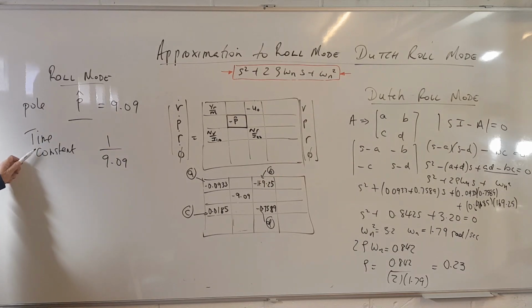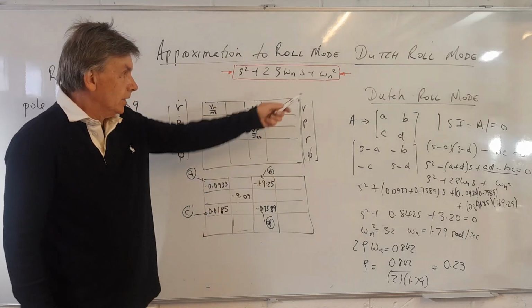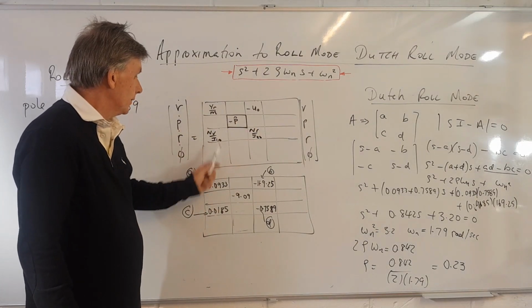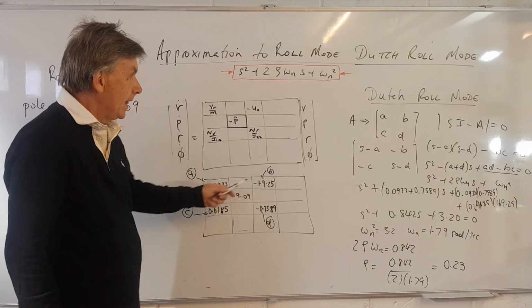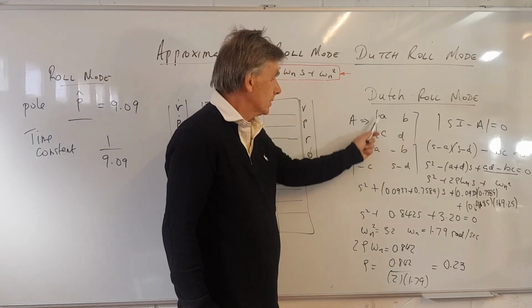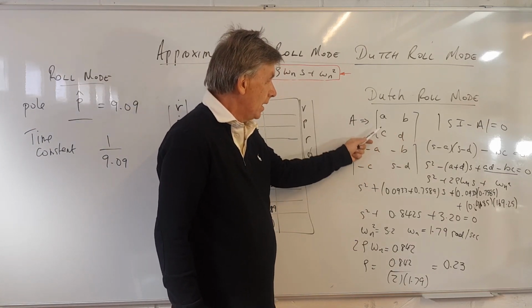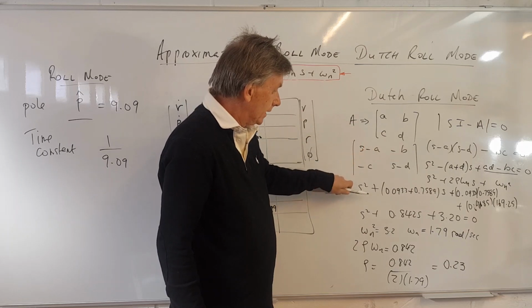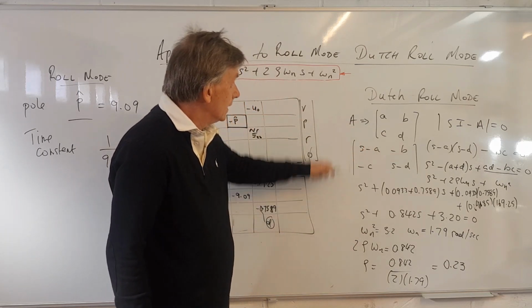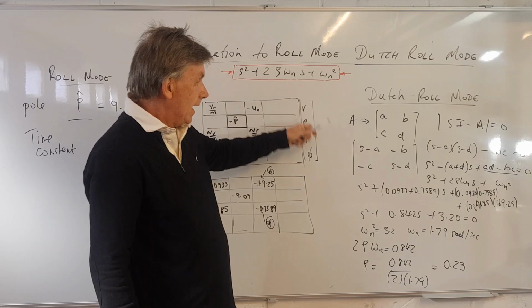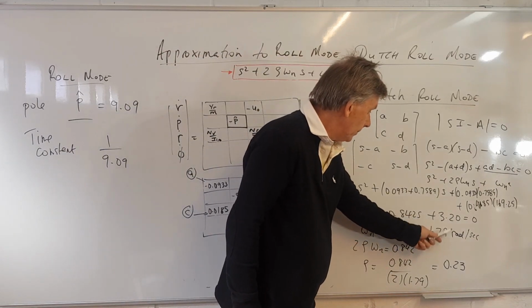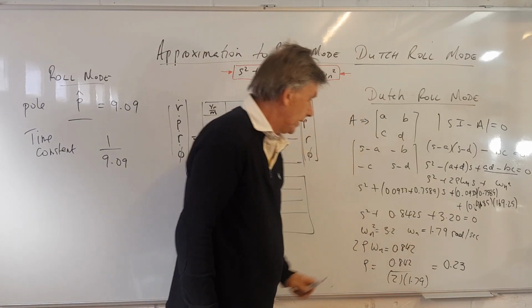If you want the time constant of the mode, it's 1 over the pole. If we want the Dutch roll mode, we extract those 4 numbers and work out the eigenvalues of a 2x2 matrix. We can then do the standard analysis, compare it with our standard second order system equation, and extract omega n and then the damping ratio.